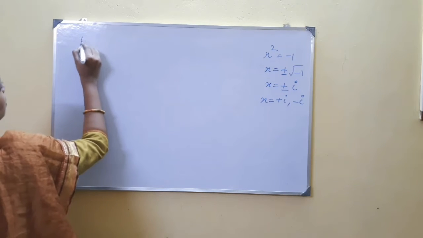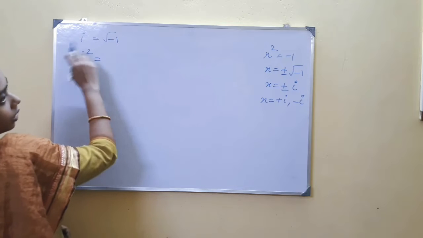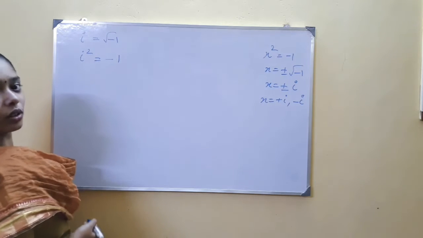Now, since the i value is root of minus 1, what is i square? Squaring on both sides, what will you get? i square is equal to minus 1.